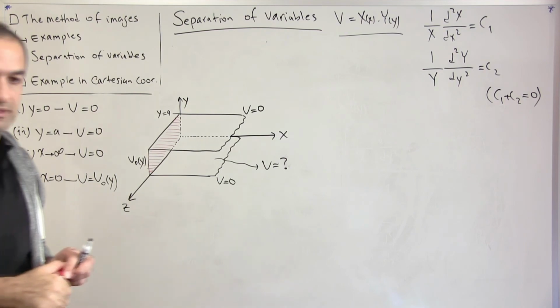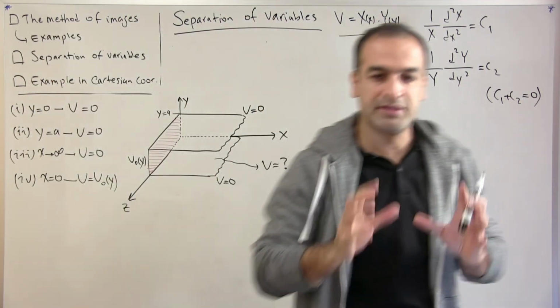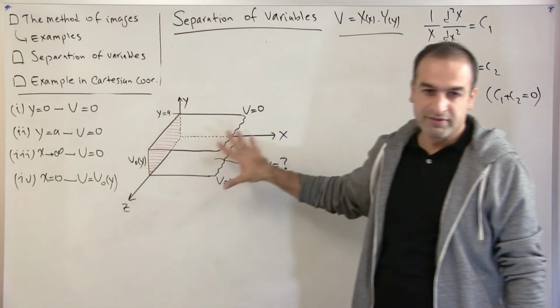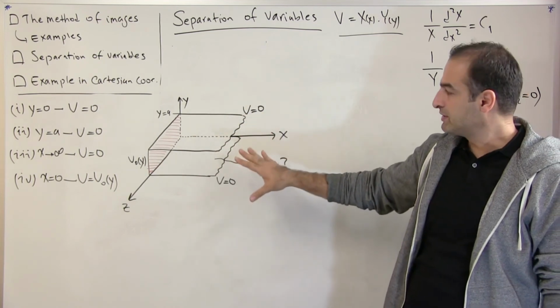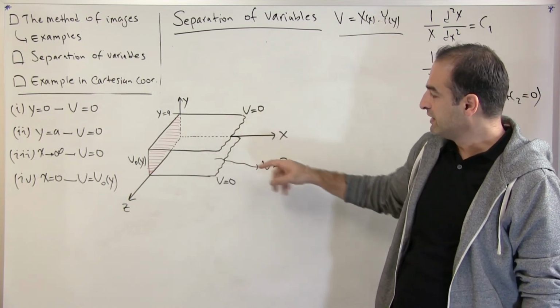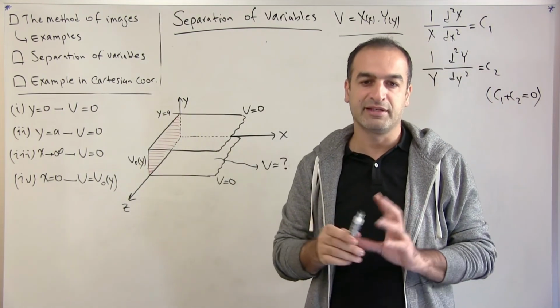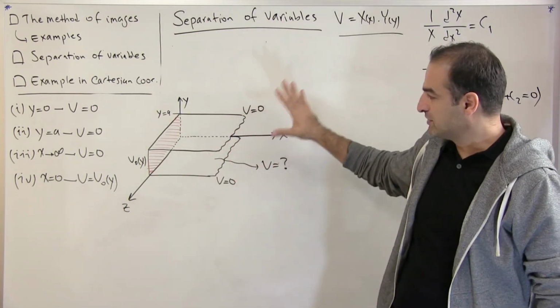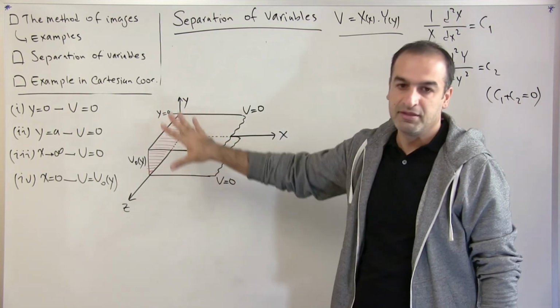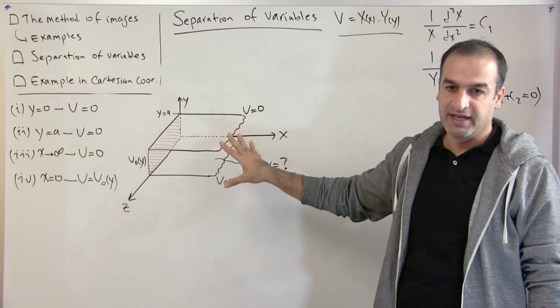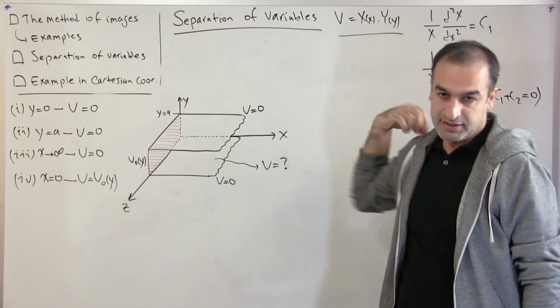Sounds good? So is the problem clear? What situation we have in terms of the geometry, what potentials we have, and what we are trying to find? It's important for you to feel comfortable with the geometry, and then we can move on to the mathematics part.